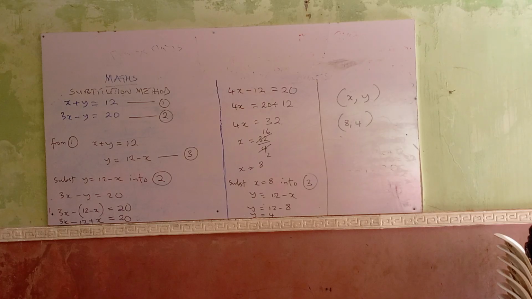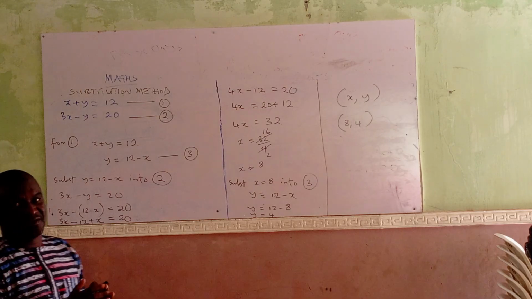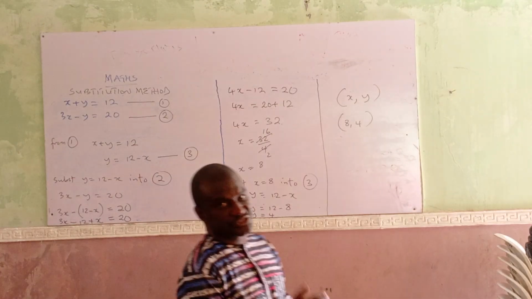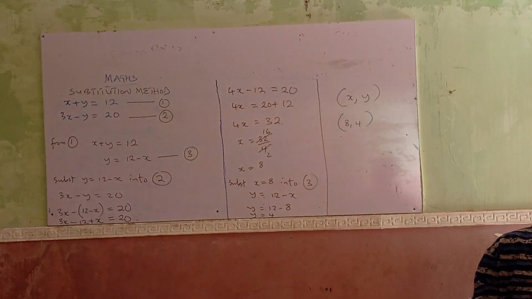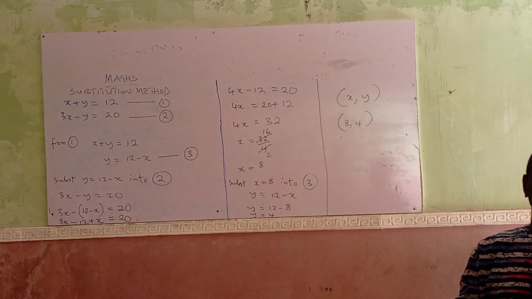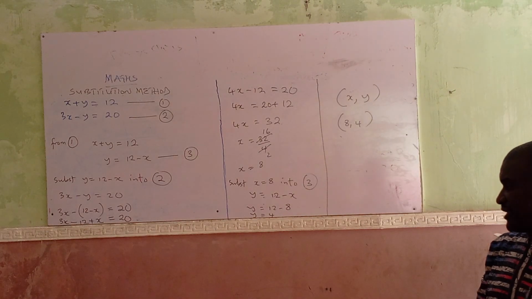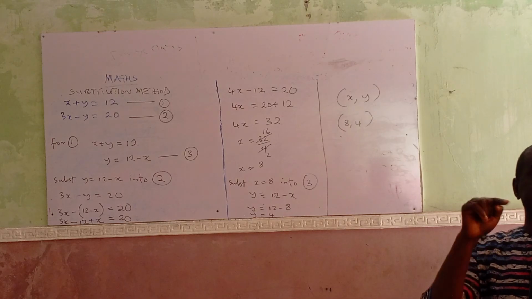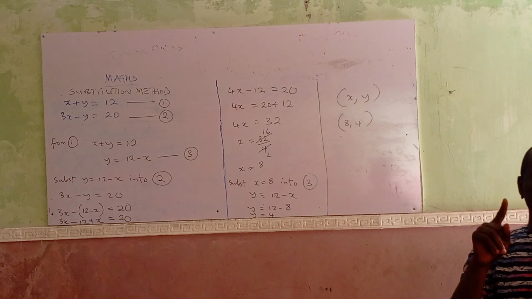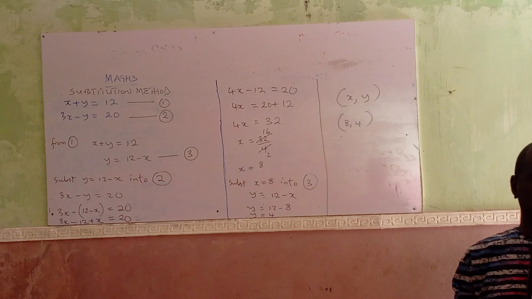Because with the elimination method, some questions that are complex, you will not be able to survive using it, but the substitution method can help you. So it's better to know the substitution method. But in some situations, elimination is easier for finding the unknowns than the substitution method.